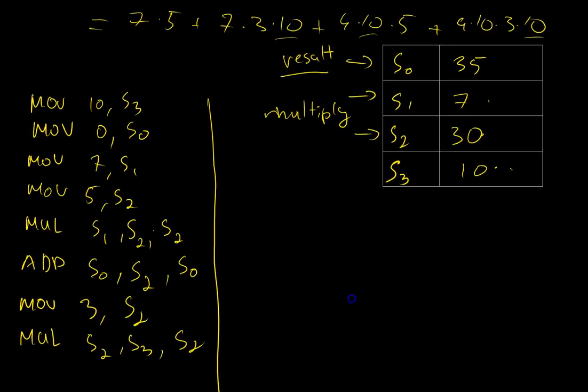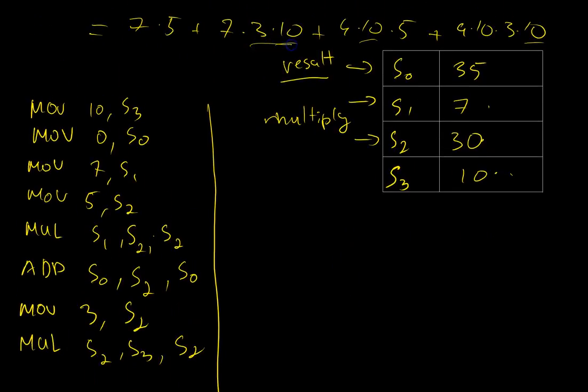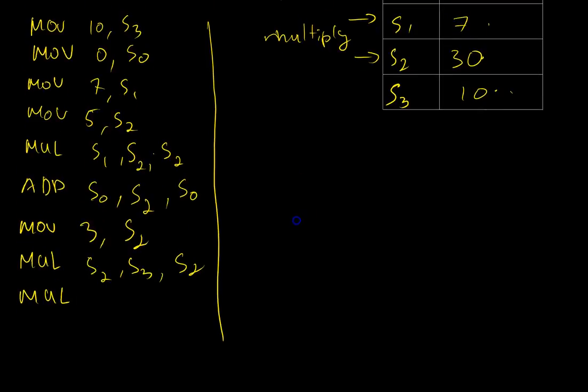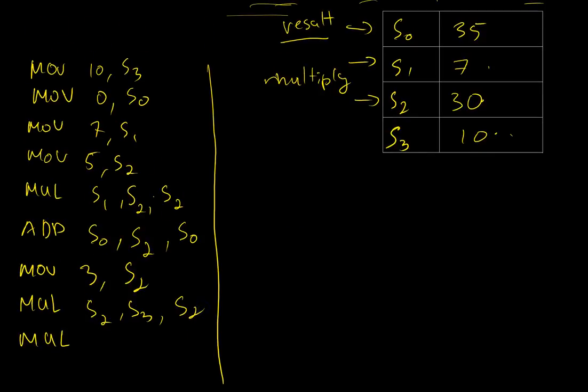So we already have the 3 times 10. Now we need to multiply it by 7. So let's multiply the value in S1, which is 7, by the value in S2, which is 30, and store that back in S2, which is 210.